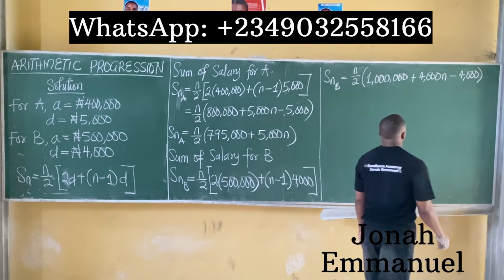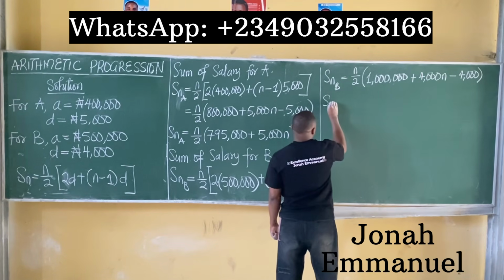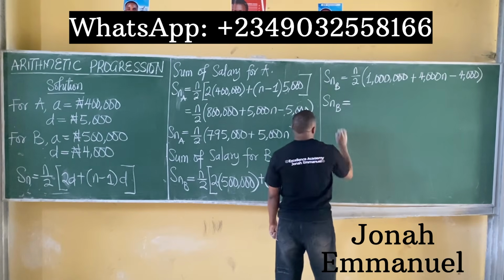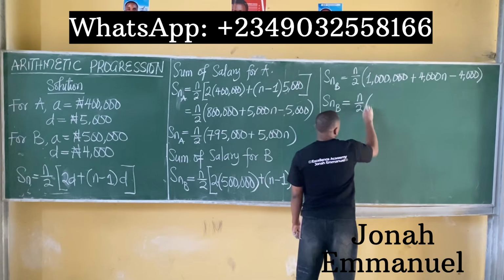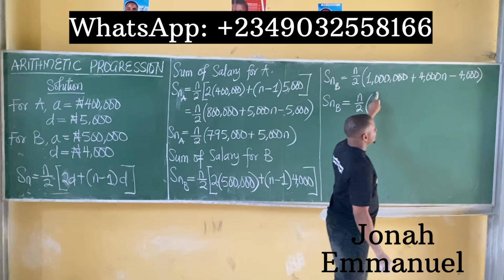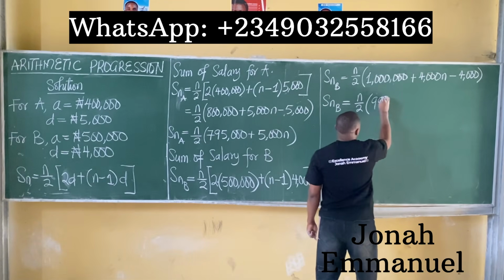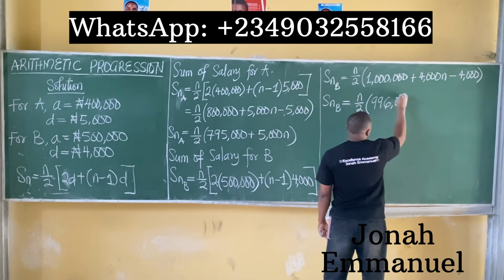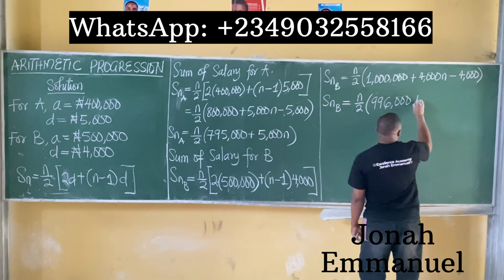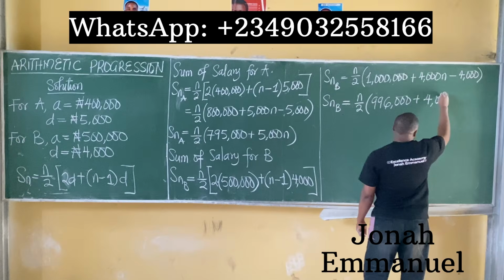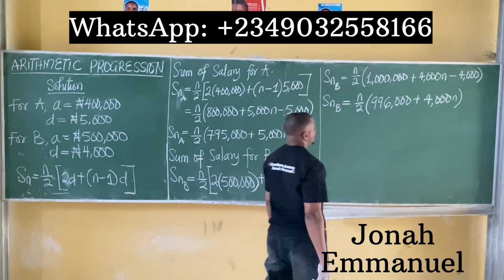So the sum of the salary for B would be n over 2 into 1 million minus 4,000, which gives you 996,000, plus 4,000n. So we have this.